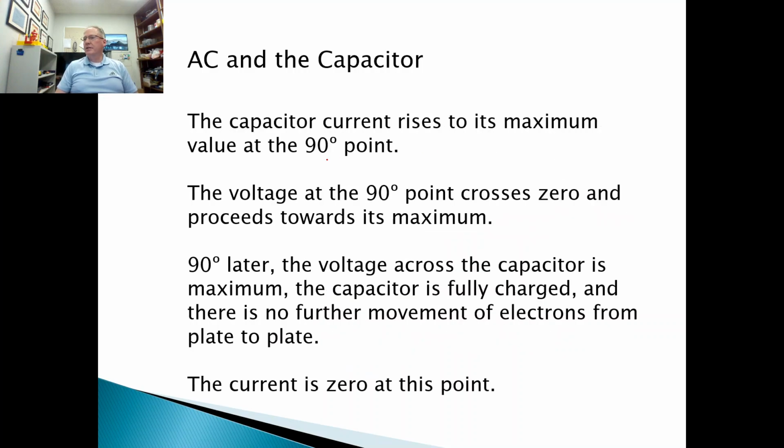The capacitor current rises to its maximum value at the 90 degree point. The voltage at the 90 degree point crosses 0 and proceeds towards its maximum. 90 degrees later, the voltage across the capacitor is maximum. The capacitor is fully charged and there is no further movement of electrons from plate to plate. So the current is 0 at that point.